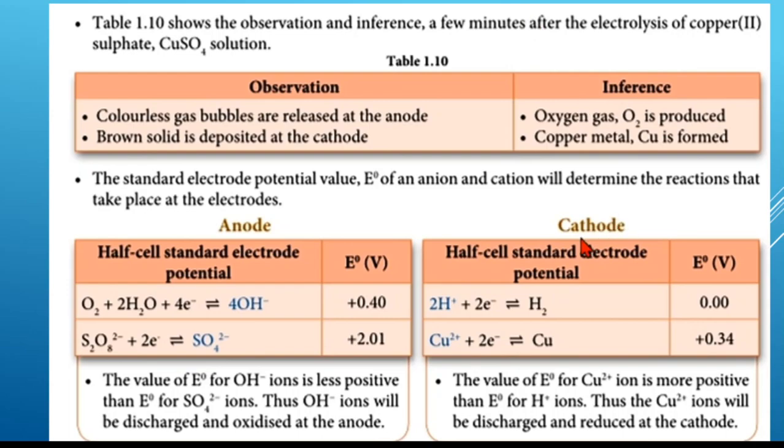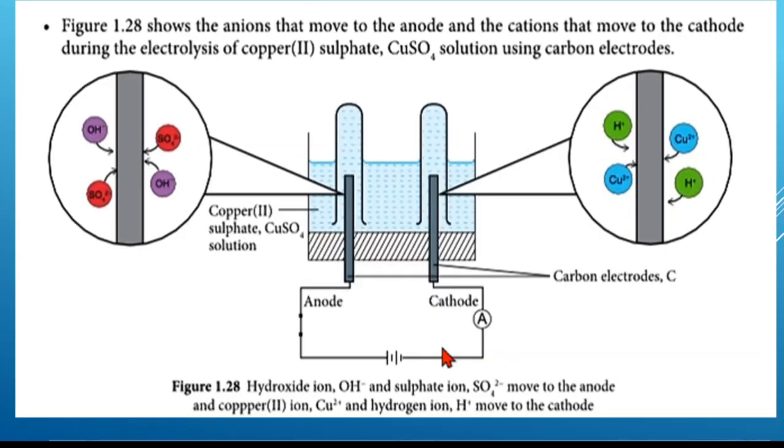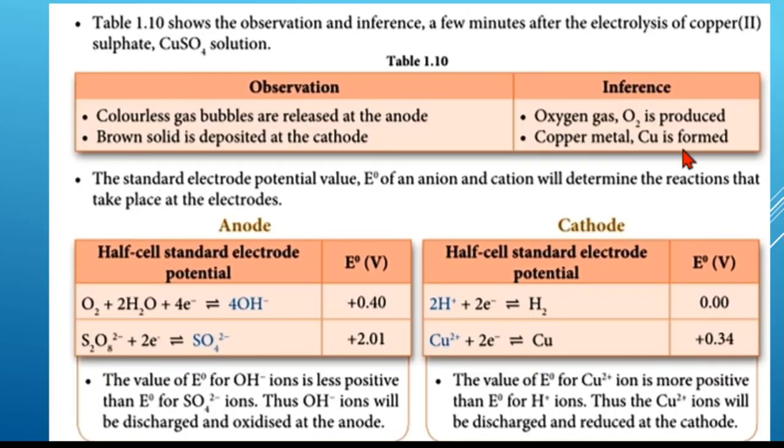Manakala di cathode pula. Di cathode, kita tengok cathode. Kita ada H plus dengan Cu kan? Ni, H plus dengan Cu. So, kita mau pilih mana satu mau dipilih untuk kena discharge. H plus, dia akan terima 2 elektron, dia jadi hydrogen gas. Manakala Cu2 plus, dia terima 2 elektron, dia jadi Cu. So, di sini value dia 0. Ini, value dia positif 0.34.